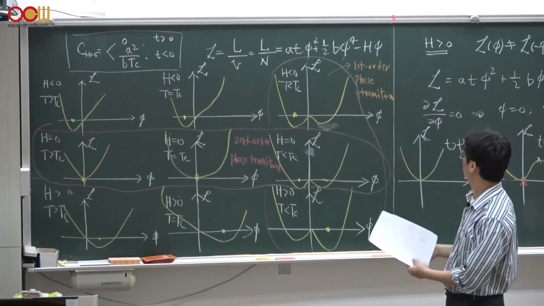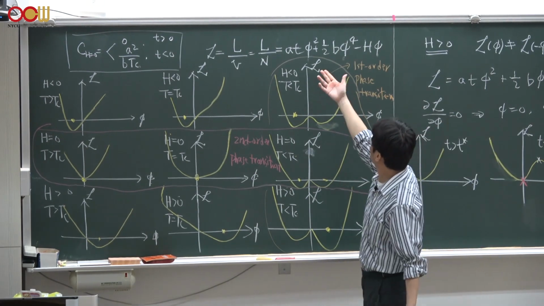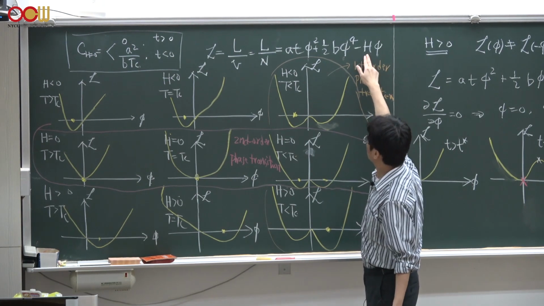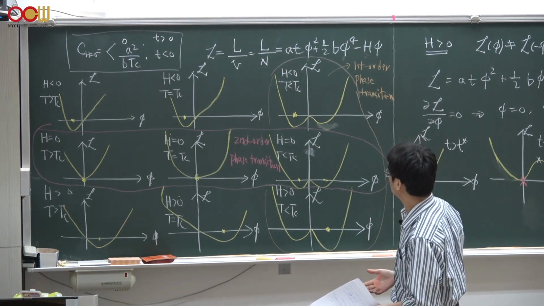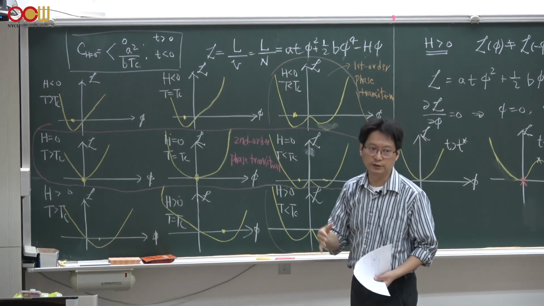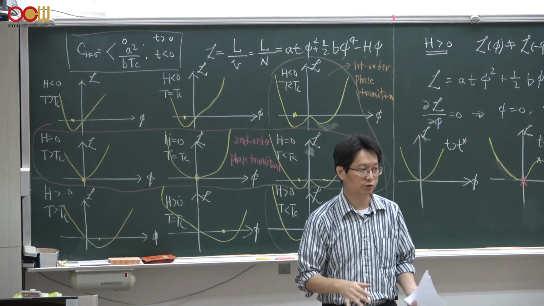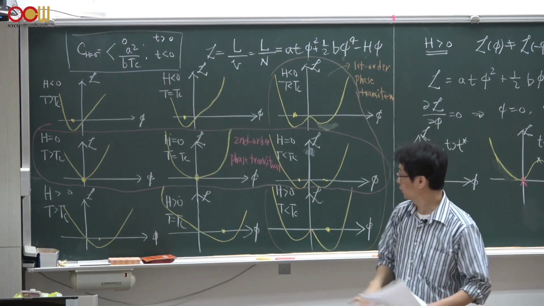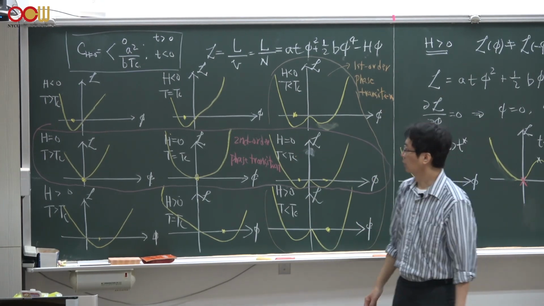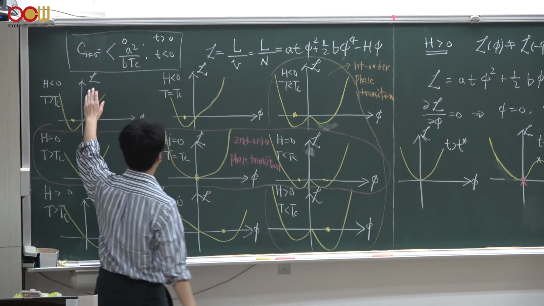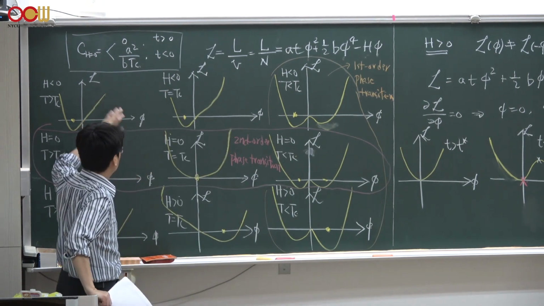In general, when both A and B are positive, and H could be either 0, positive or negative, and we could be either above, at, or below the transition, there are 9 different cases that we can study, and in each case we could plot Landau's free energy density as a function of phi.